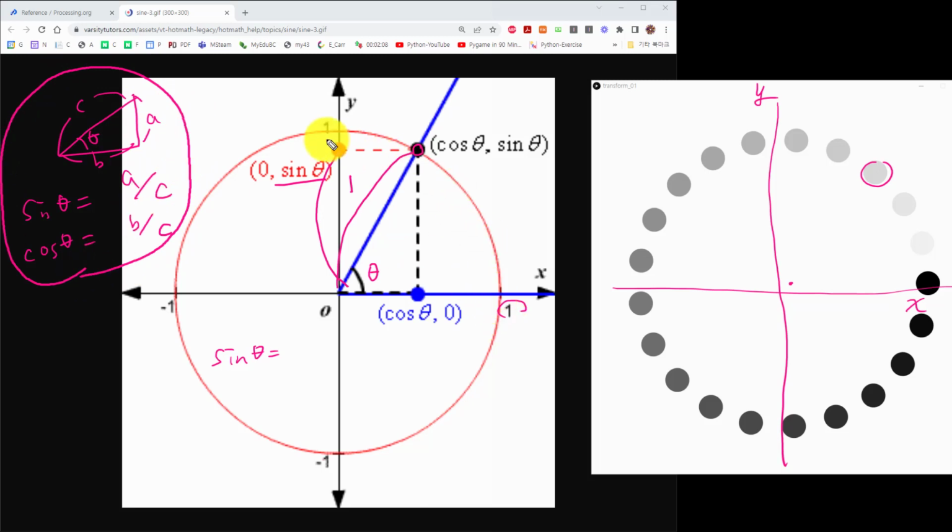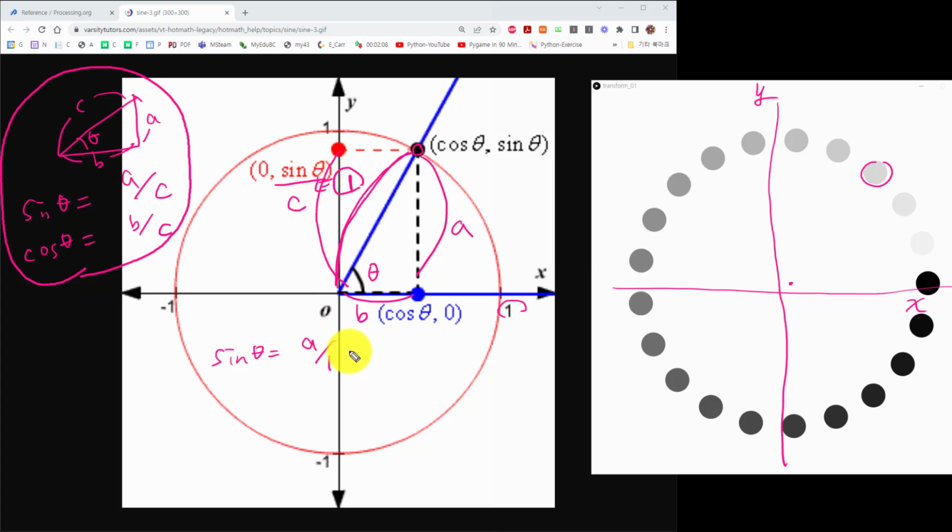But in this big red circle, the distance from the center to the point is just 1, because this big circle's radius is 1. Let's say this is A, and this is B for my explanation. So sine theta will be A divided by 1, because it should be C, but C is 1.